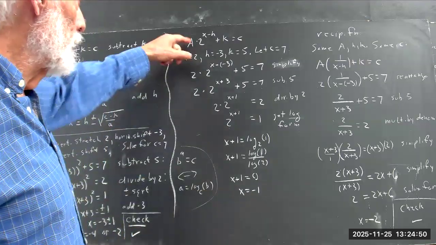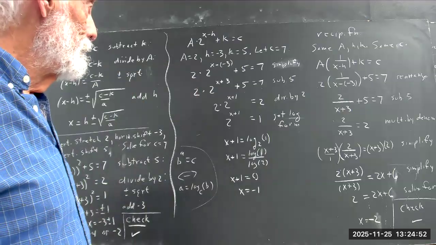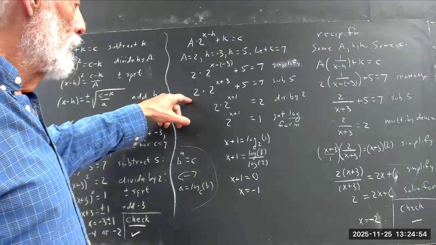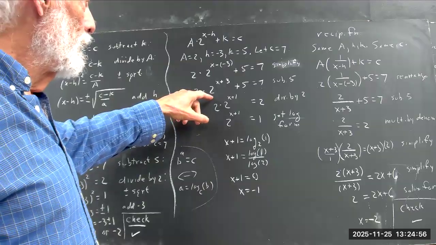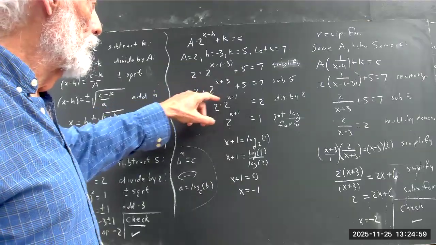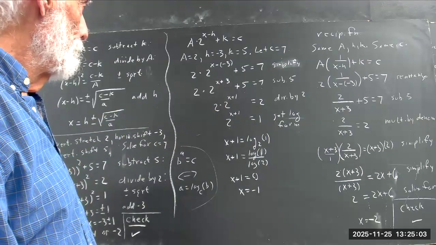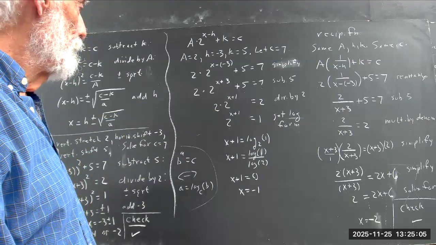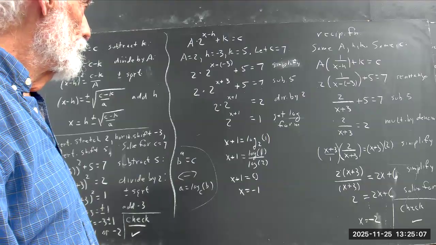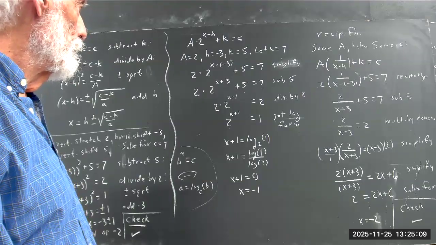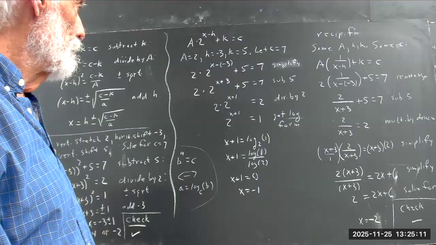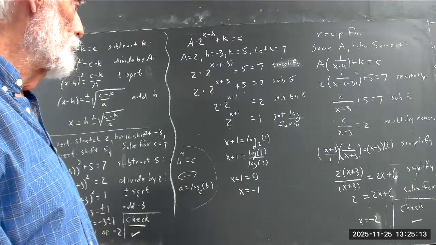Then you plug that back into the equation and see that 2 times 2 to the -1 plus 3, which would be 2 times 2 squared, doesn't equal 7. What's wrong here?